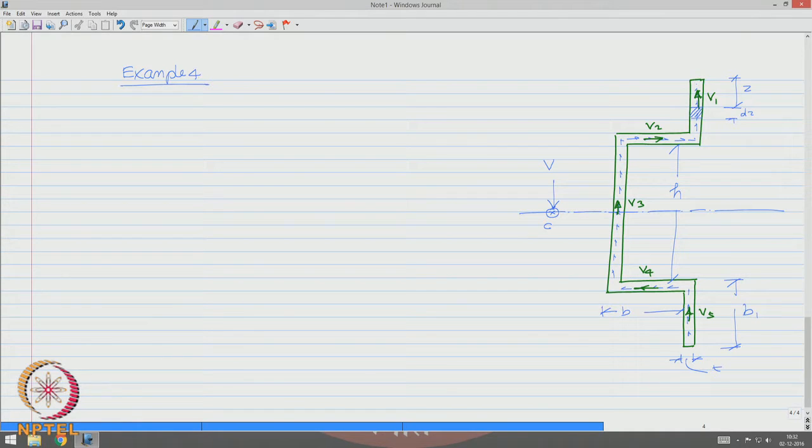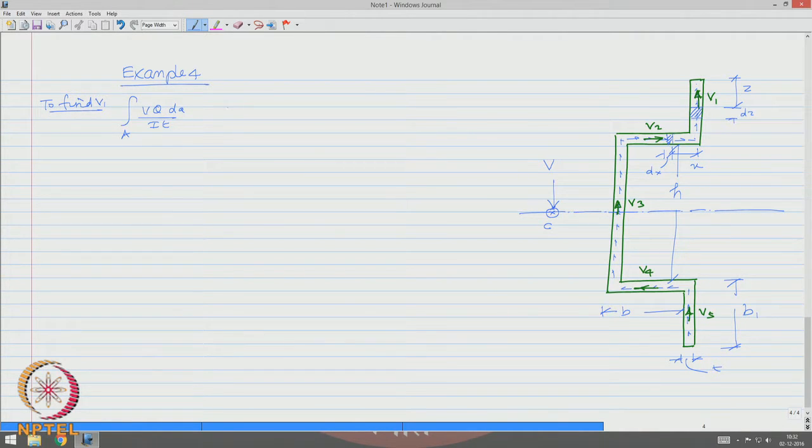And for finding V 2, let us cut a strip at a distance x from here, let the strip be dx. Now, to find V 1, which is integral for the entire area V q dA by I t.